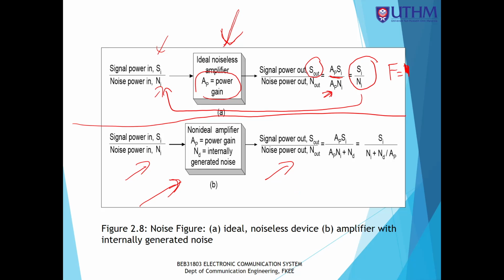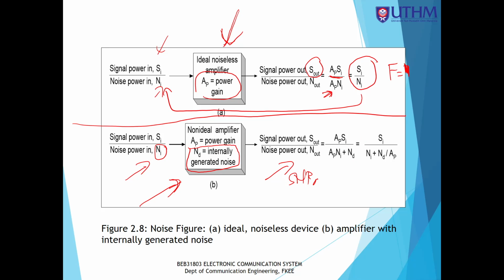Dikatakan di sini sistem ini menghasilkan internally generated noise, which is what we call ND. Bermakna akan ada tambahan noise, bukan sahaja daripada input noise, akan ada tambahan ND, internally generated noise.